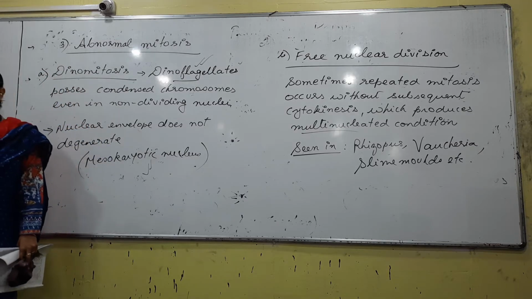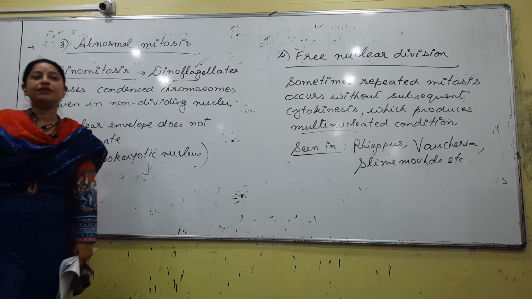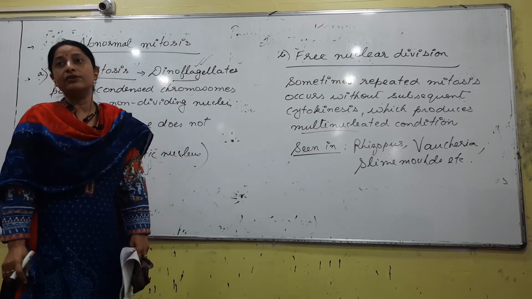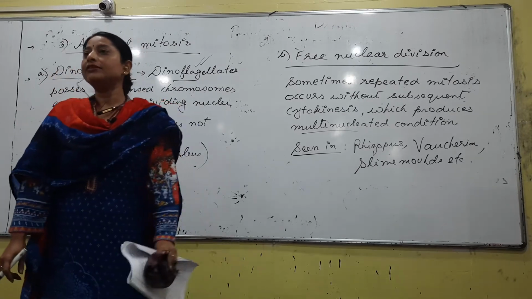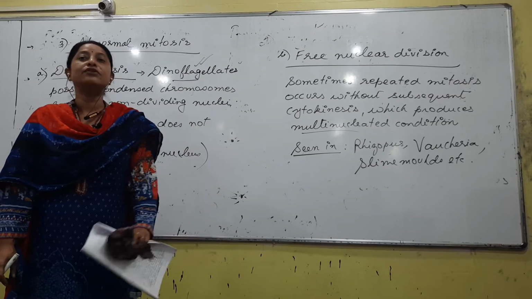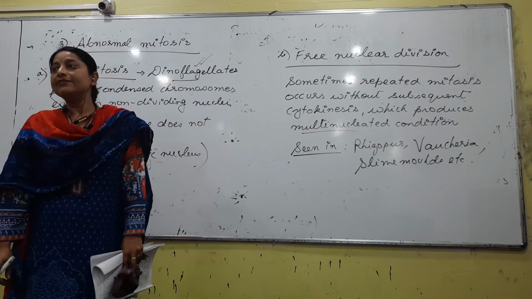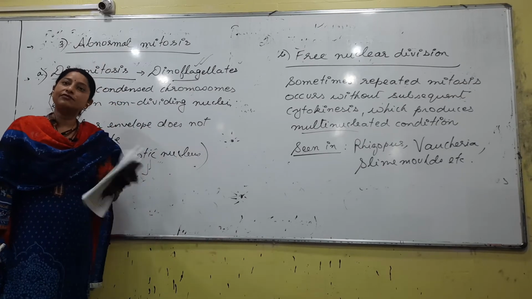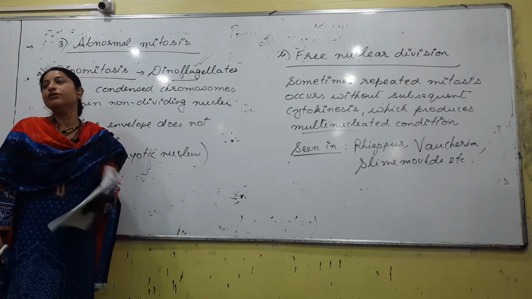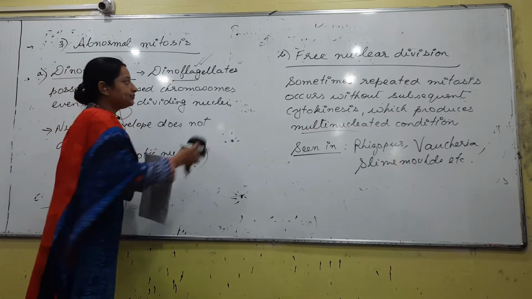A nuclear division not followed by cytokinesis is called as free nuclear division, because we know whenever a nucleus divides into two nuclei, after that or simultaneously cytokinesis has to occur. Right? If cytokinesis does not occur after nuclear division, that is what is called as free nuclear division. Clear?